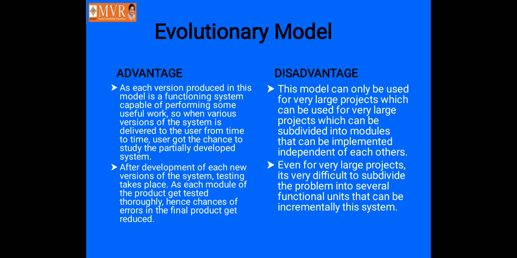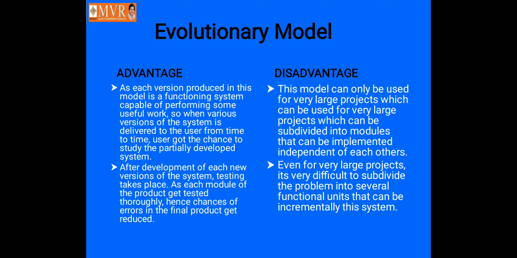Advantages: each version produced in this model is a functional system capable of performing some useful work. So when various versions of the system are delivered to the user from time to time, the user gets the chance to study the partially developed system. After development of each new version of the system, testing takes place as each module of the product gets tested thoroughly.